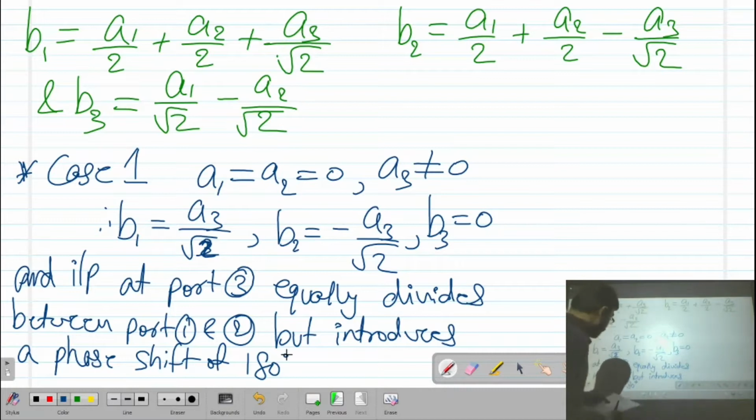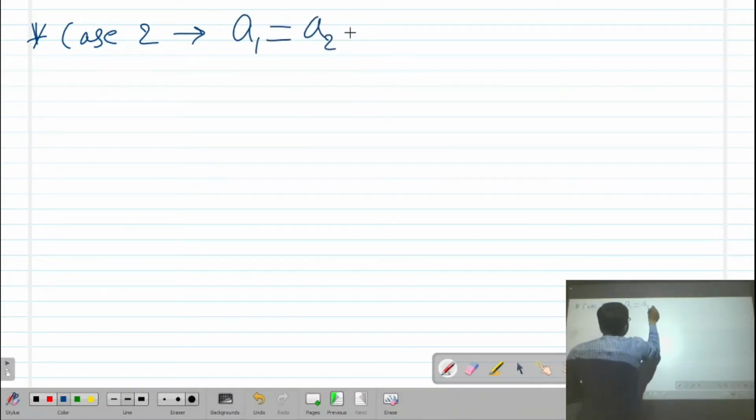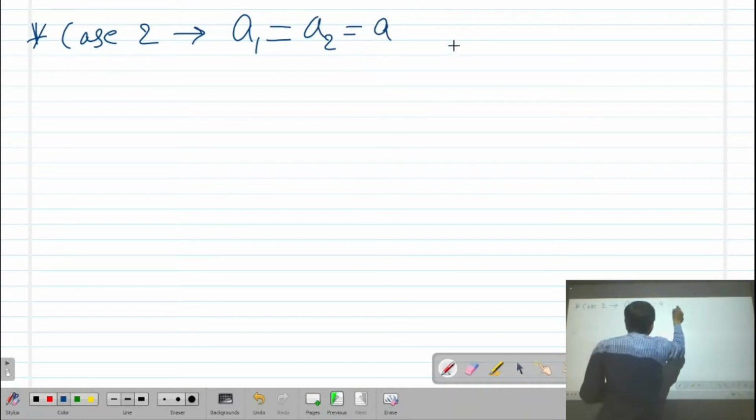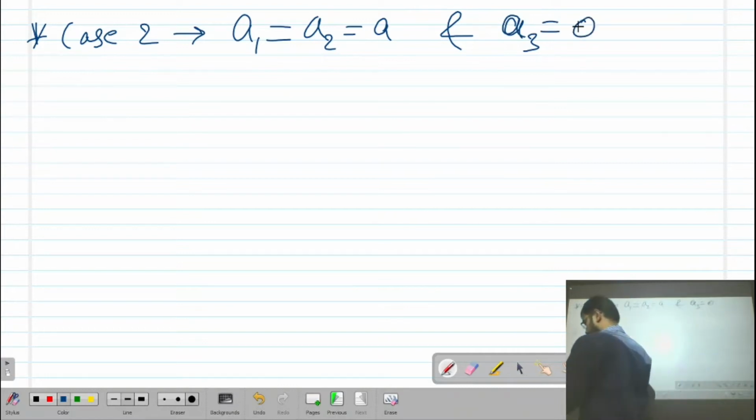Okay, now going for case 2, that is A1 is equal to A2 is equal to A and A3 is equal to 0.